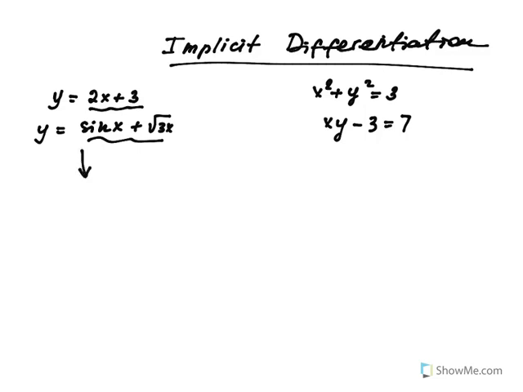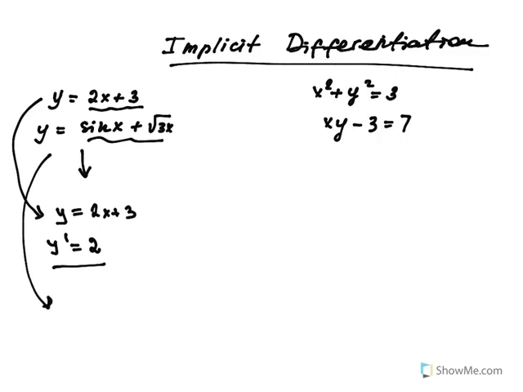So all you have to do, for example, in this case, when you have y equals 2x plus 3, you simply take the derivative of 2x and you get 2. Derivative of 3 is 0. So your answer is 2.